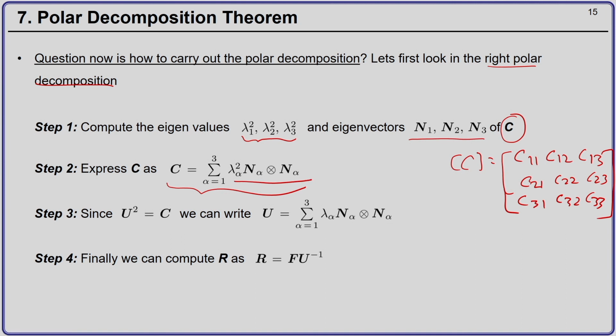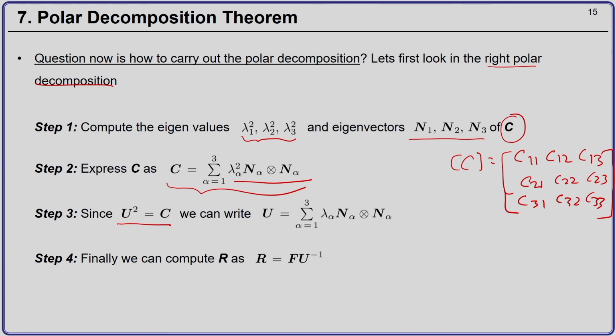This is nothing but lambda 1 square n1 tensor product n1 plus lambda 2 square n2 tensor product n2 plus lambda 3 square n3 tensor product n3. So, now I have determined the eigenvalues and eigenvectors.